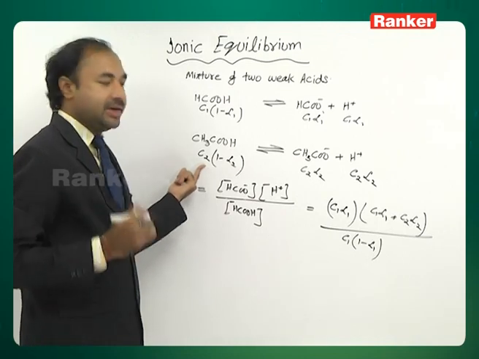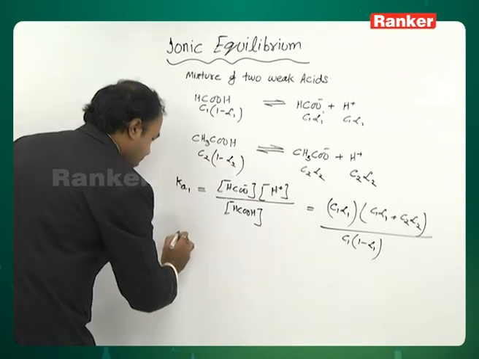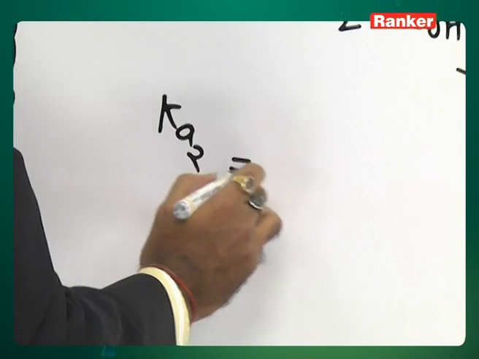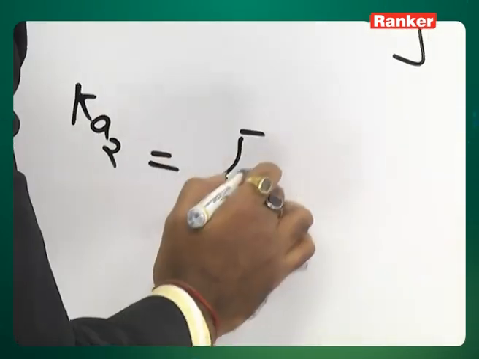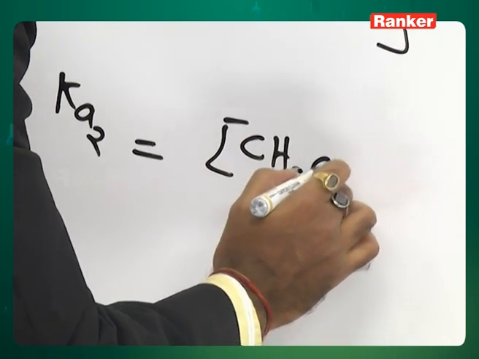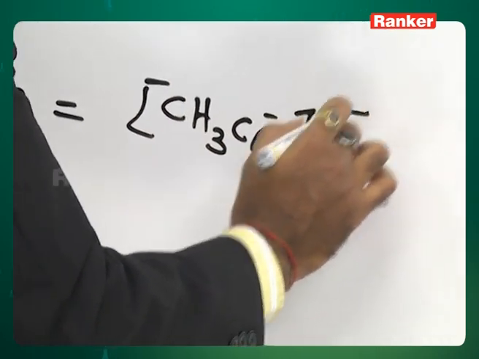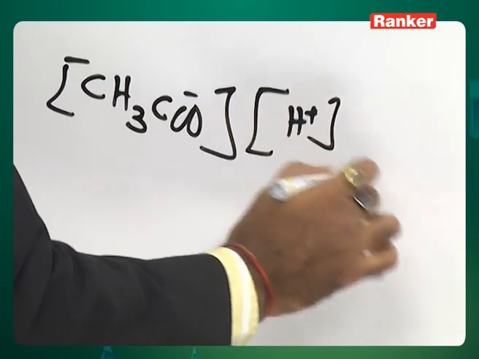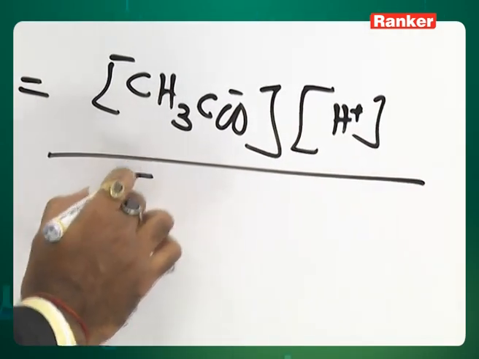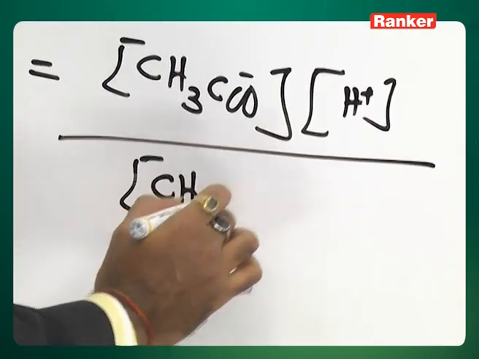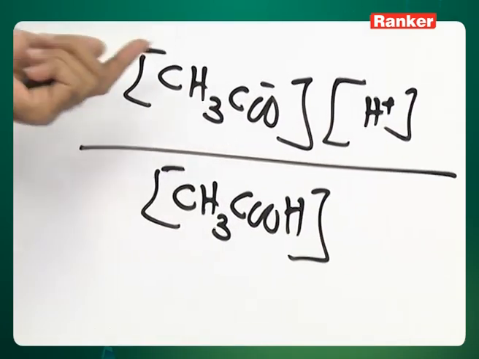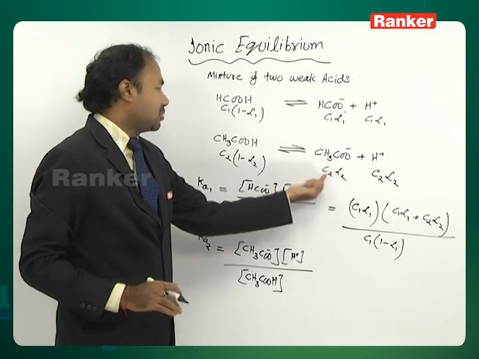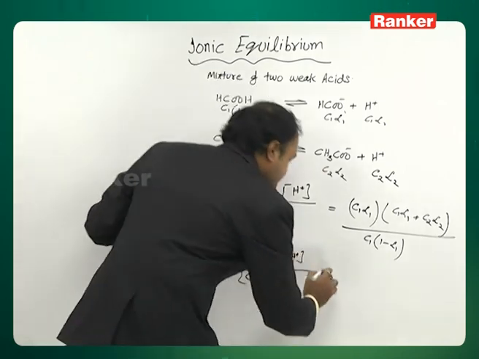Right. Now, second one, we write the equilibrium constant for acetic acid. We assume it is Ka2. So, this will be Ka2 equal to, in a similar manner, concentration of acetate ion, CH3COO minus, into concentration of H plus upon concentration of acetic acid, CH3COOH. Now, concentration of acetate ion in the solution will be equal to C2 alpha 2.